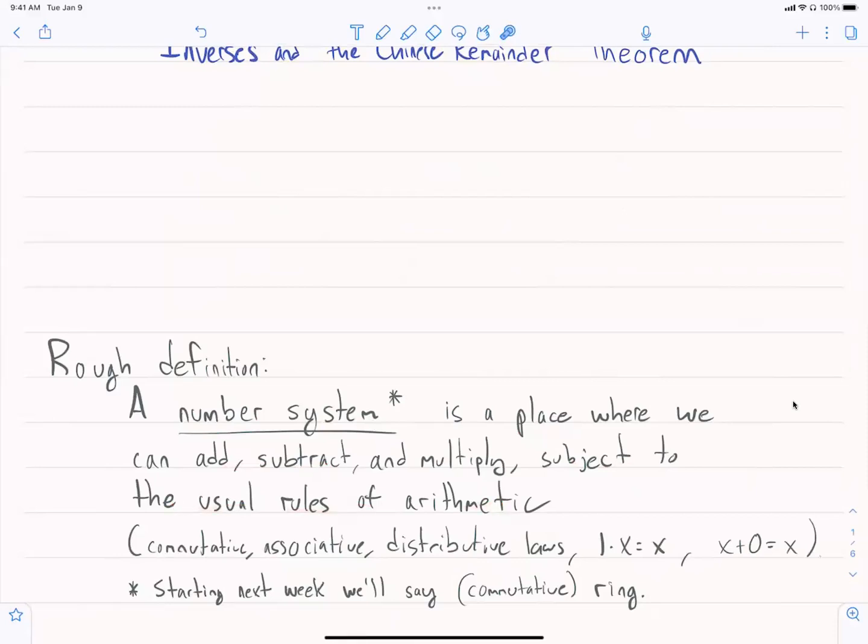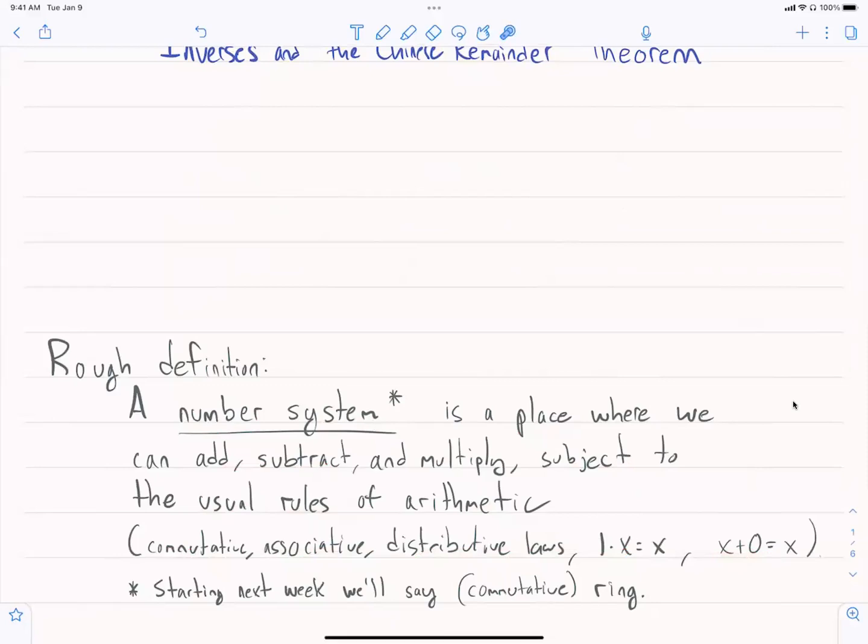Addition and multiplication should both be commutative and associative. There should be a distributive law for the interaction of multiplication and addition. There should be special numbers 1 and 0, such that 1 times x is equal to x, and x plus 0 is equal to x. And then anything you can deduce from these rules should also be true.